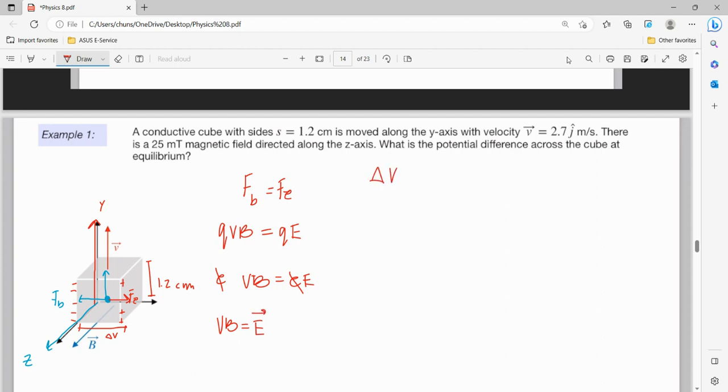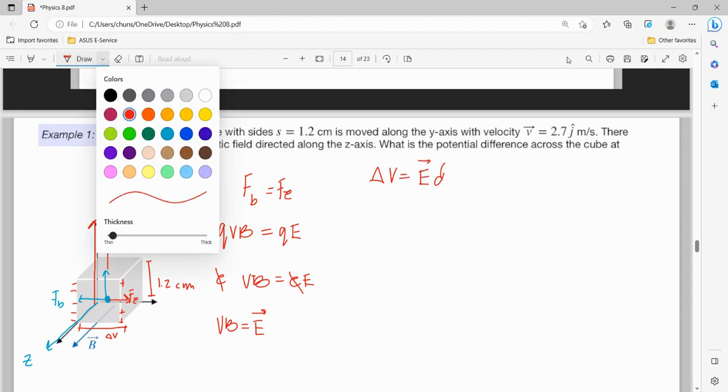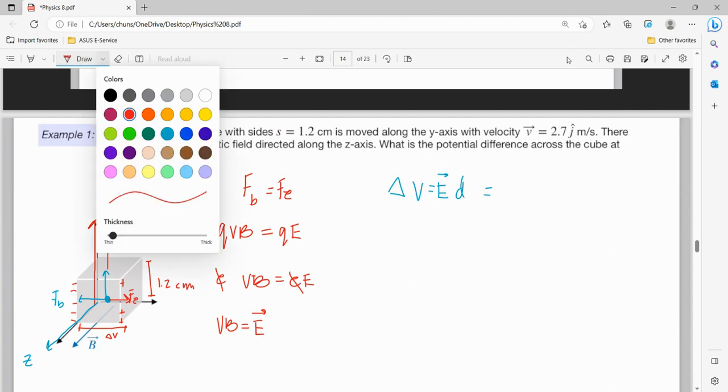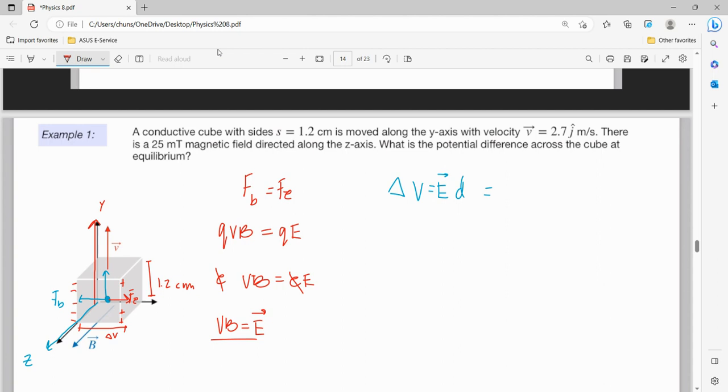And we know that our potential difference is our electric field times distance. So in this case, we're going to plug in this equation here for our electric field times our distance, which is our side length.